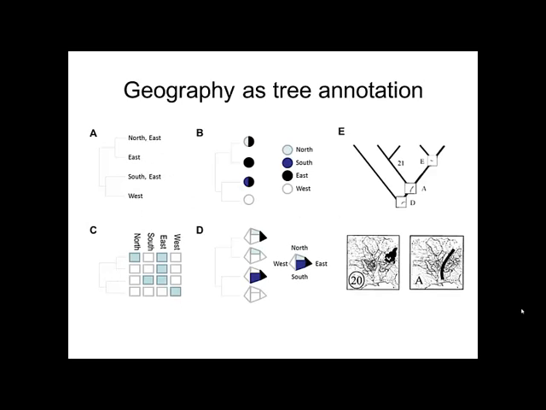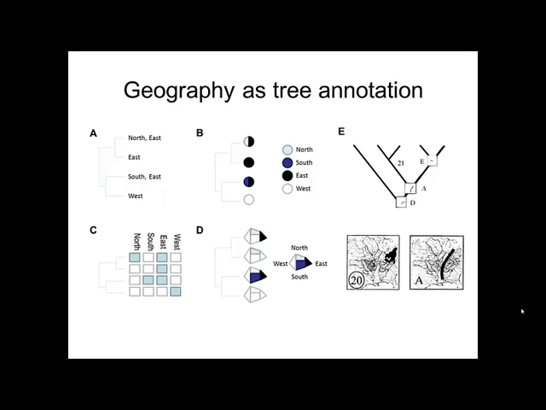What can we do? Well, geography as a tree annotation is very straightforward. We put labels on our trees to say what the geography is. So we could just put words. So this species here is found in the north and the east areas. This one's just in the east, that one's the south and the east, that one's the west. We can display it as symbols. So this is the same information being displayed simply with the symbols on the terminal nodes of each tree.